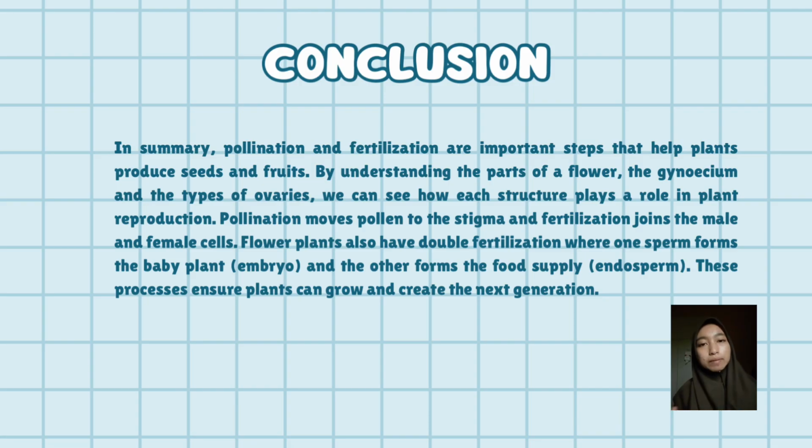Pollination moves the pollen to the stigma, and fertilization joins the male and female cells. Flowering plants also have double fertilization, where one sperm forms the baby plant, and the other sperm forms the food supply. This process ensures plants can grow and create the new generation.